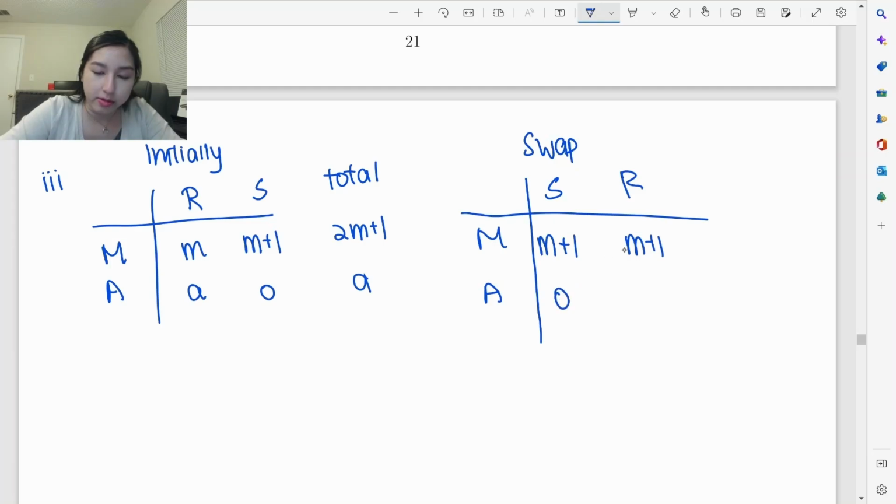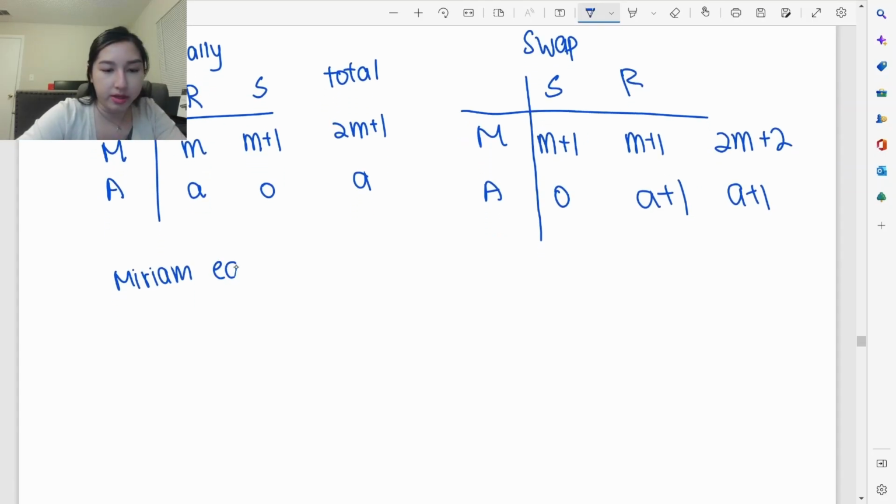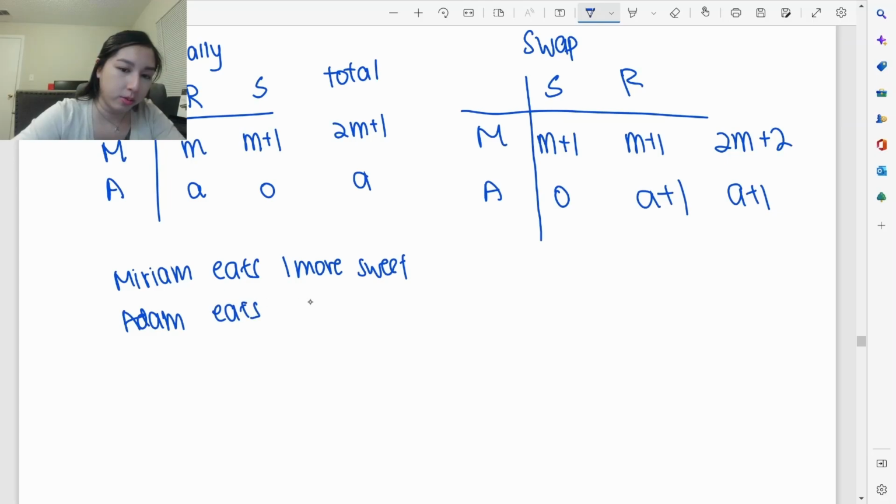Whereas Adam can't eat on the sunny day, but he can eat on the rainy day, which is 1 day after A. In total, this is 2M plus 2, A plus 1. So Miriam, how do you spell Miriam? Miriam eats 1 more sweet. Adam eats 1 more sweet.